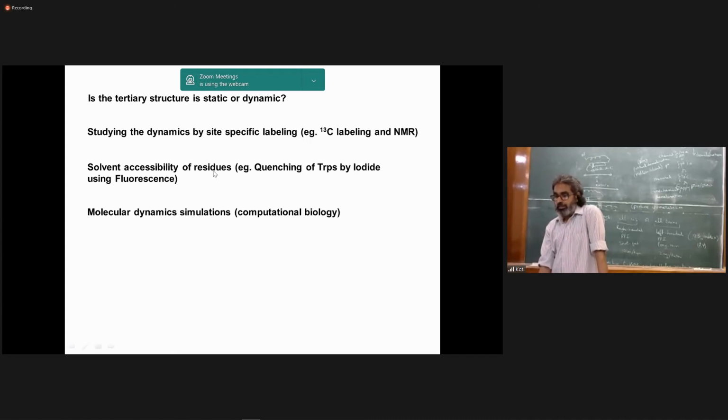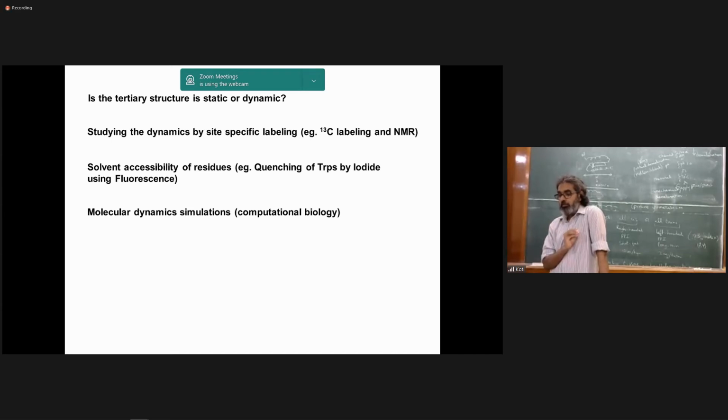Okay, solvent accessibility of residues. These are fluorescence methods where, for certain residues at the core, you want to know how dynamic the structure is. Sometimes you add a fluorophore, or you take the existing fluorophores like phenylalanine, tyrosine or tryptophan, which are already present in native proteins, and then you add quenchers to the solution, so that if the quencher bumps into the fluorophore, it will quench.